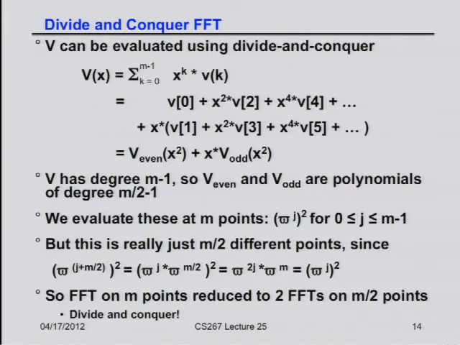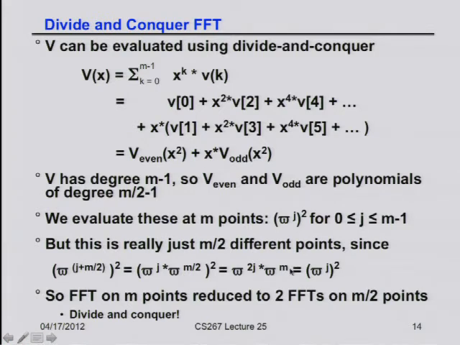Whenever I have one of these equaling something, I also get the negative. So when I square them, they match, and I only get half as many as I had before. And so here's the algebra. Suppose I square omega to the power j plus m over 2. I just use the law of exponents, break it up this way, and I get a factor of omega to the m out. What's omega to the m?